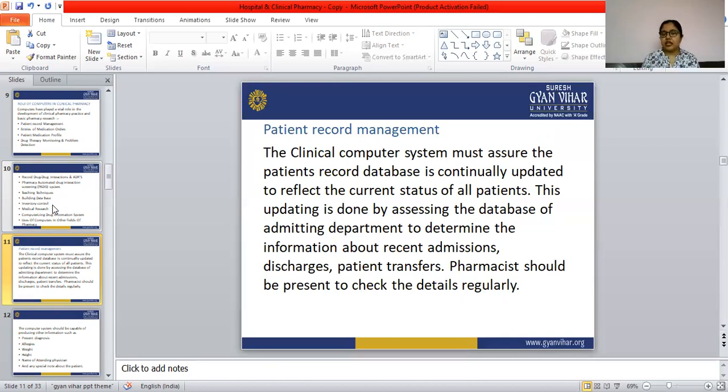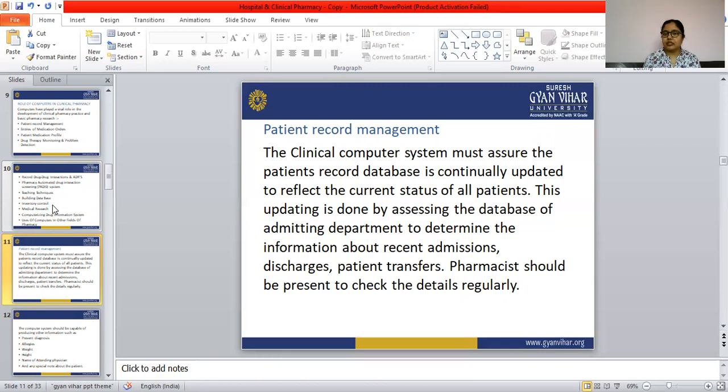This updating is done by assessing the database of the admitting department to determine the information about recent admissions, discharges, and patient transfers.